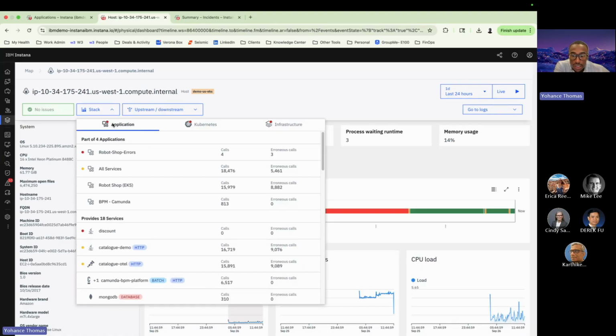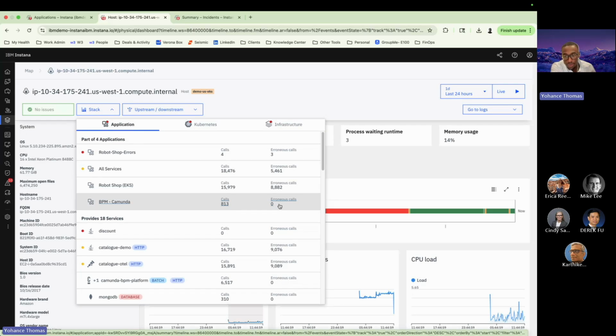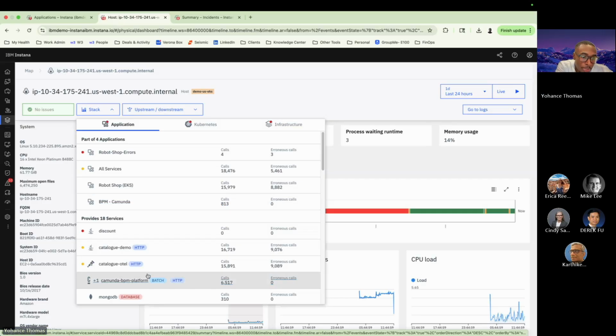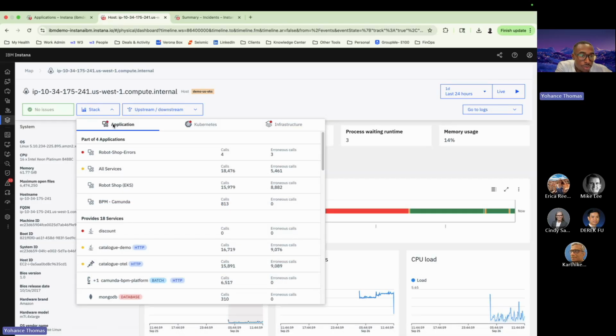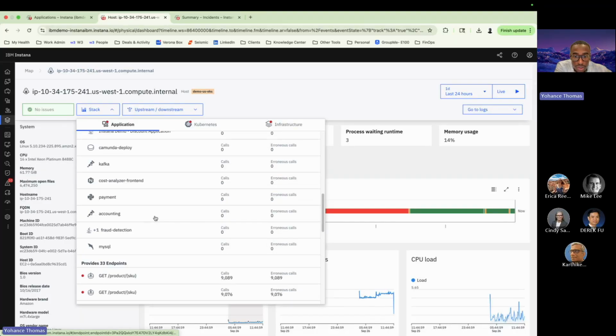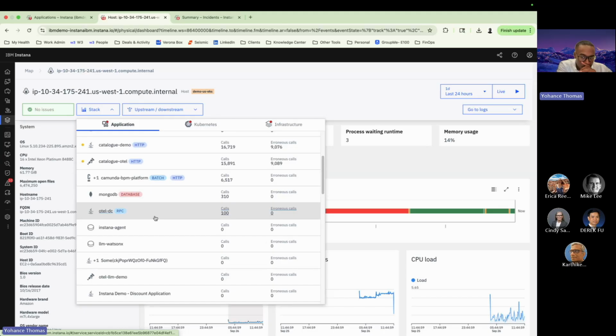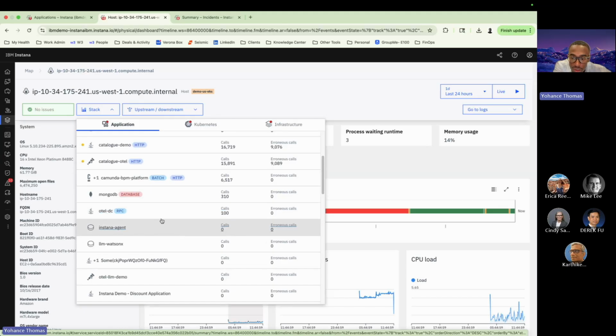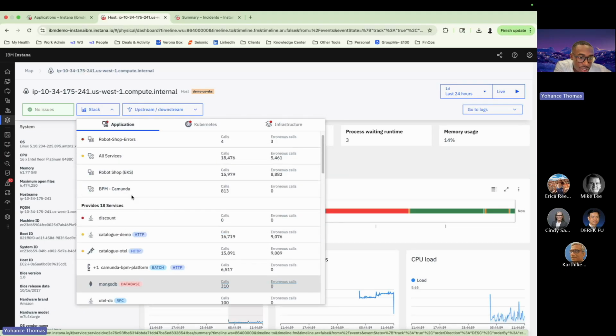All of these things are important when we triangulate where problems are, what's affecting what, and how to remediate. As we see here, we're greeted by a number of lists separated by application, by services, and then by endpoints, really organizing everything very well so we can get down to what we need to find.